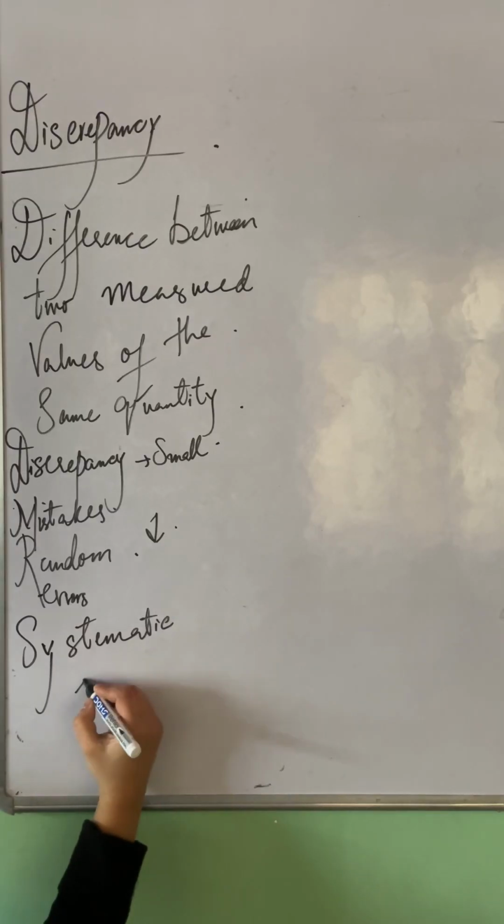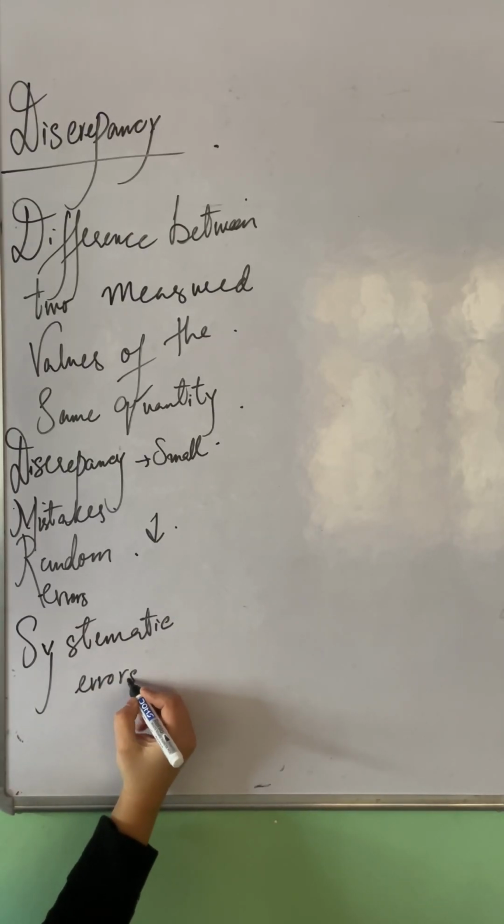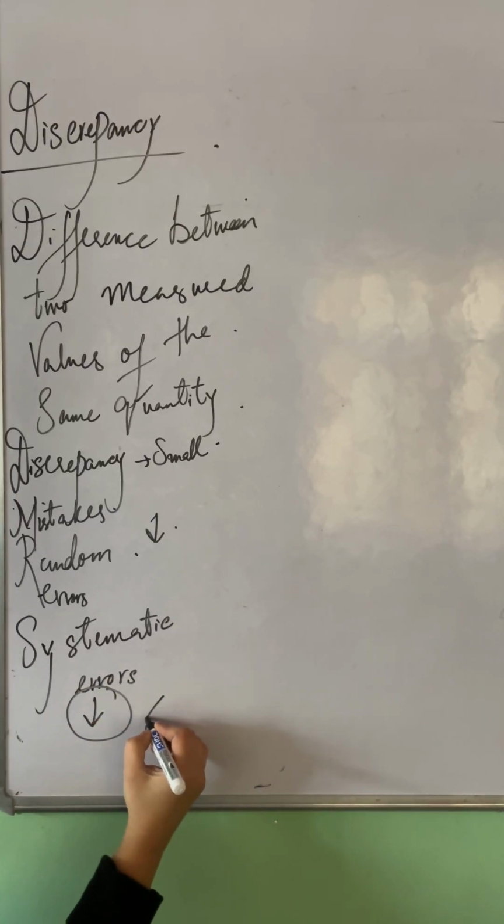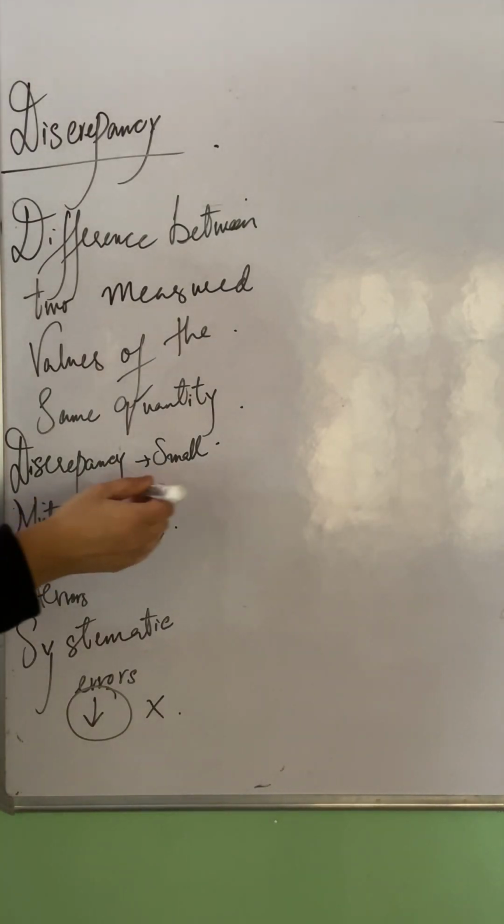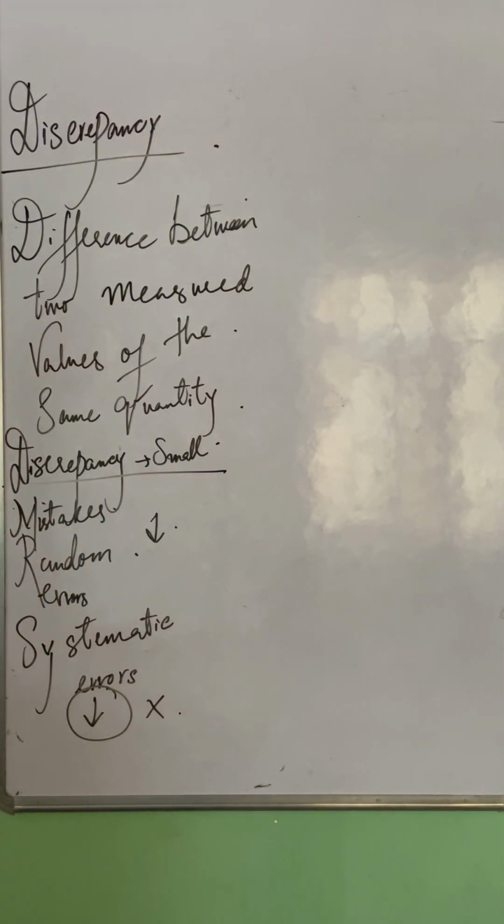Why? Because each measured value will have large equal systematic errors which have not been corrected and no corrections have been applied to them.